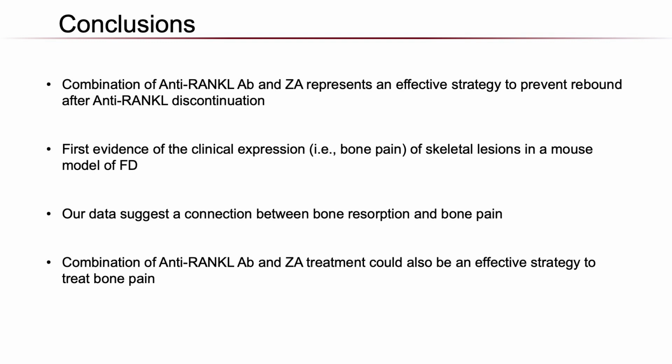And we can use the fact that these mice develop bone pain to test some therapeutic strategies that target bone pain. Our data, of course, suggest a connection between bone resorption and bone pain, given that when we inhibit with anti-RANK ligand, we can mostly reduce bone pain. And the combination of zoledronate and anti-RANK ligand can also be effective to treat bone pain in fibrous dysplasia.